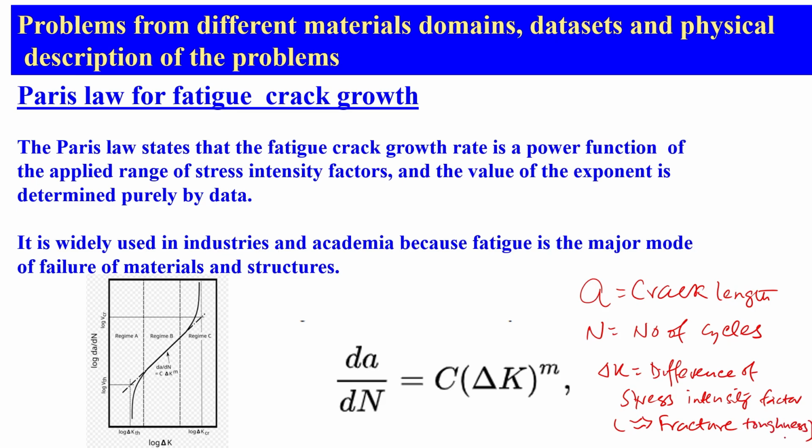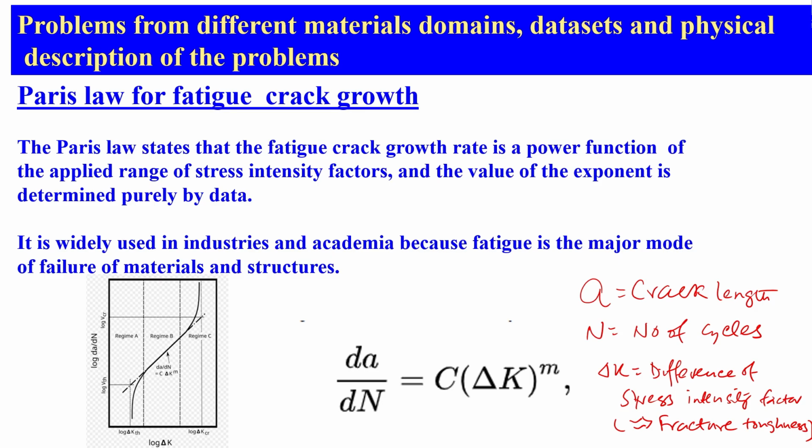Now, this was also determined purely by data. You can clearly see this is log of dA by dN, and this is log of delta K. If I take a log of this, it will be a straight line equation. That is what you see at the center of this diagram, in regime B, where it becomes a constant slope. So, Paris law is very much valid in the central portion of this diagram.